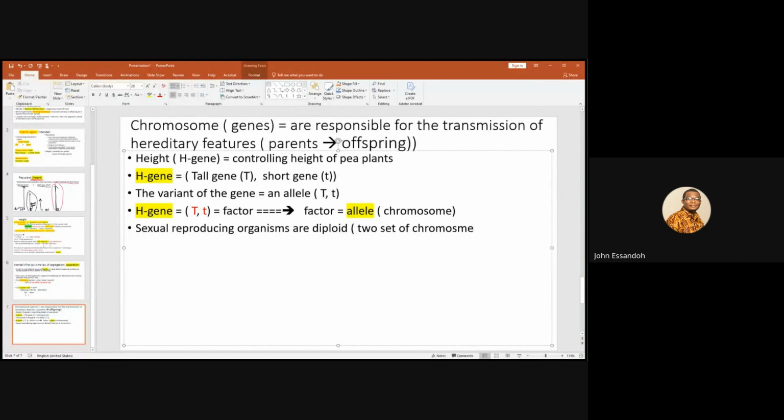And where do these two sets of chromosomes come from? For human beings, I had one set from our mom's egg.